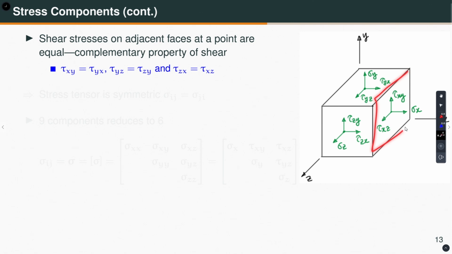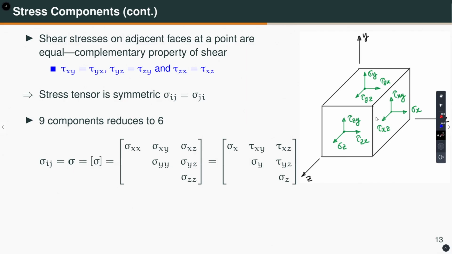We are talking about this face and this face, these two are adjacent faces, right. So, tau x y, which is this, and tau y x, which is this, must be equal. So, tau x y is equal to tau y x, tau y z is equal to tau z y, and tau z x is equal to tau x z. This is called the complementary property of shear.